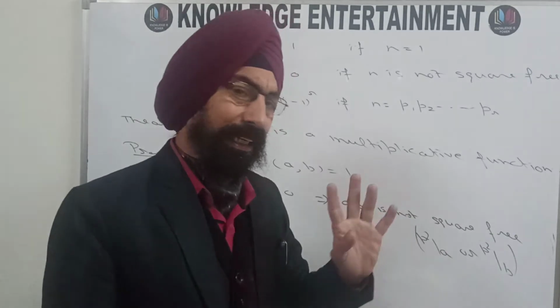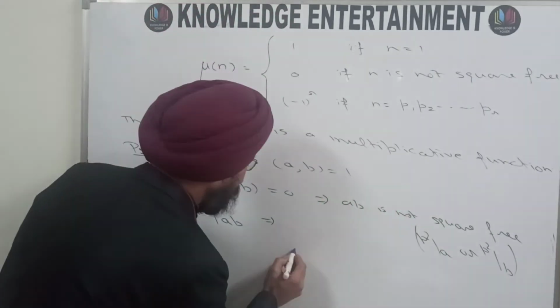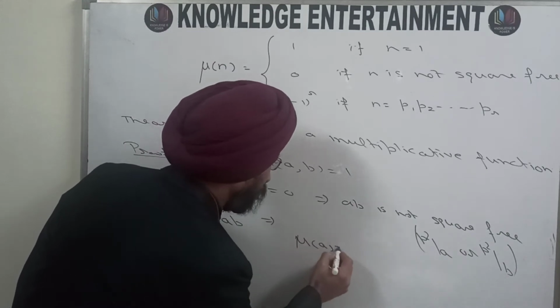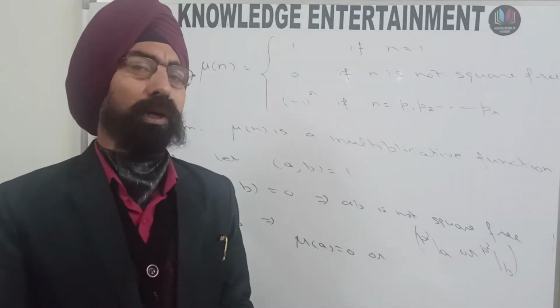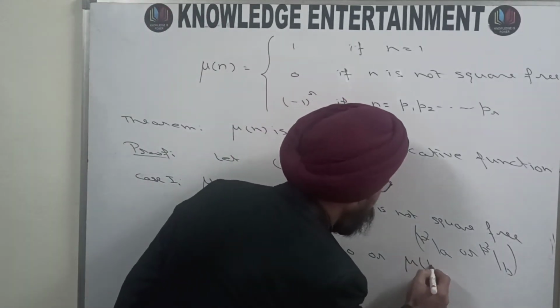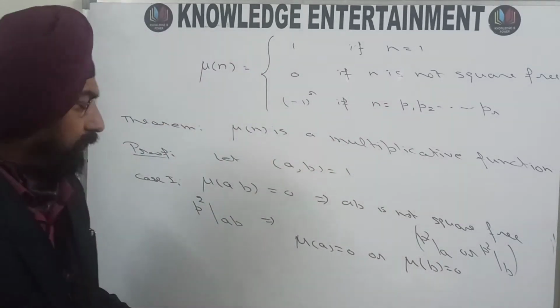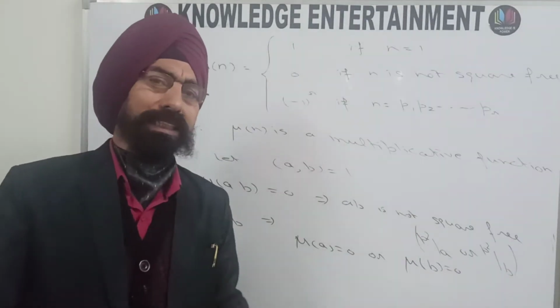If P square divides A, then A is not square free. And if A is not square free, that means mu A is 0. Or if P square divides B, that means B is not square free. And if B is not square free, mu B will become 0. So if mu AB is 0, then either mu A is 0 or mu B is 0.